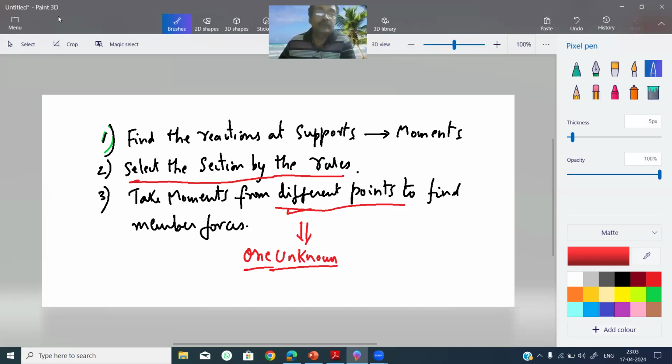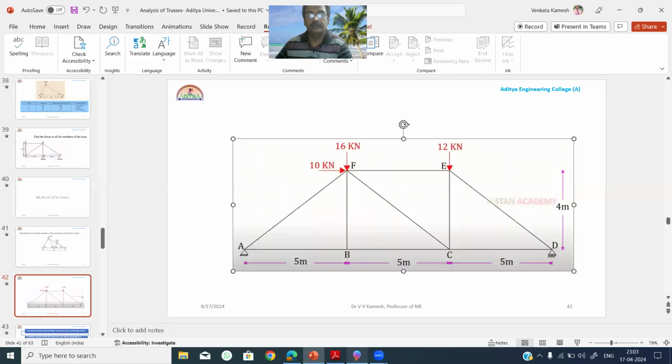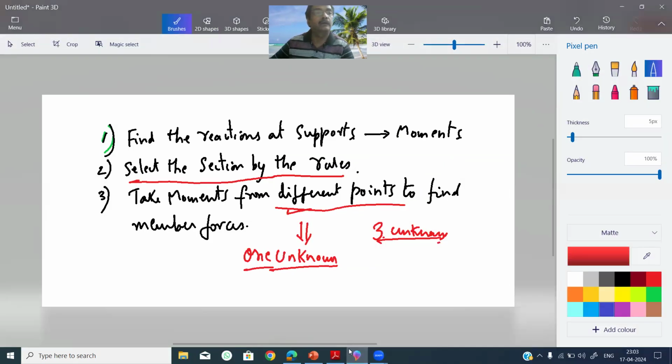That means if you are selecting a particular point, many forces must pass through that particular point. Suppose I am having three unknowns. Suppose we look at the earlier one.